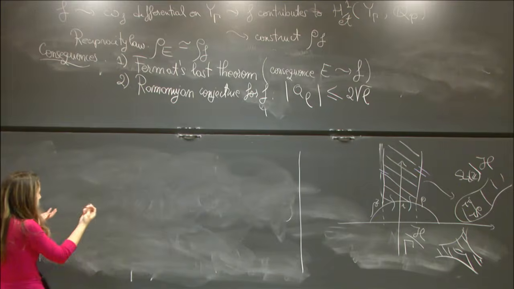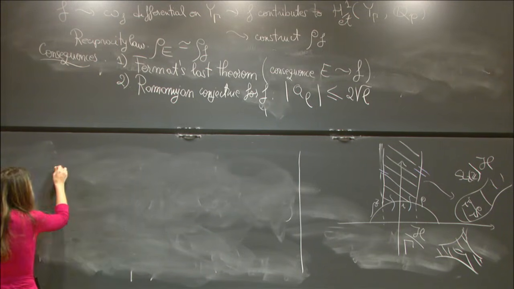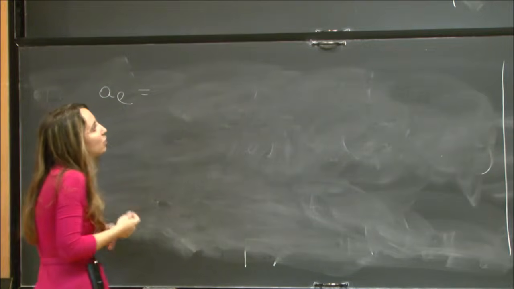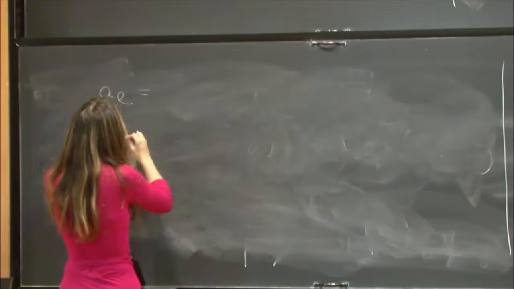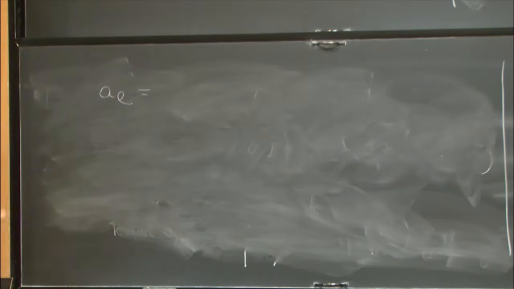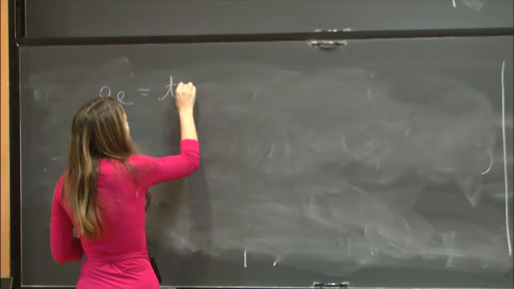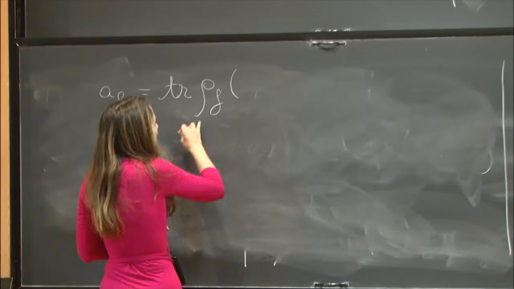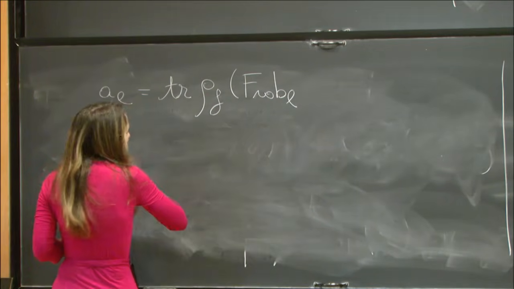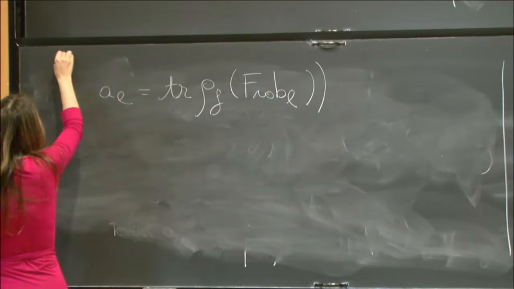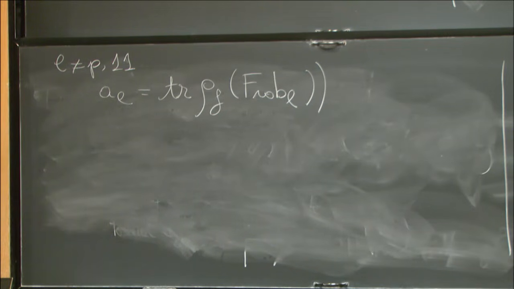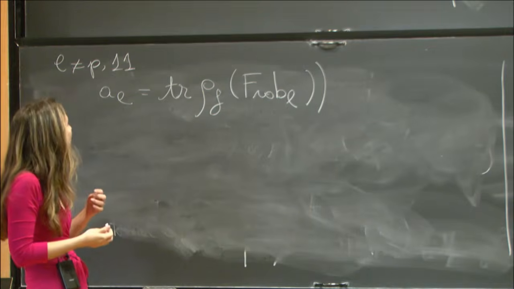And so what the more sophisticated version of the reciprocity law says is the following. First of all, you can relate a_L to the Galois representation attached to the modular form F in the following way. It turns out that these Fourier coefficients, which are also, in this special case, exactly eigenvalues, so spectral data, can be identified with the trace of the Galois representation attached to the modular form F, evaluated at a specific element, which is the Frobenius at L. So I'll take L to not be P and to not be 11. 11 is sort of a weird prime for the modular form F and also for that cubic equation.